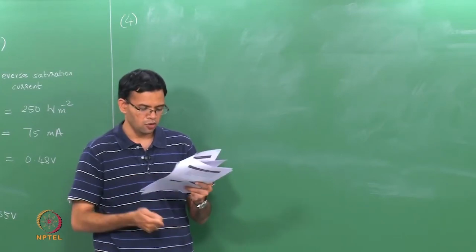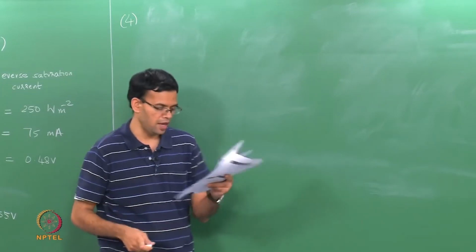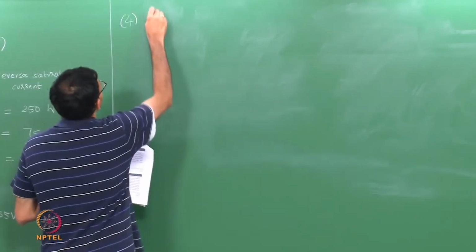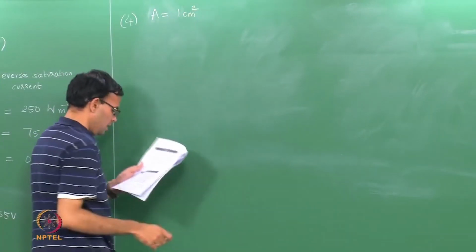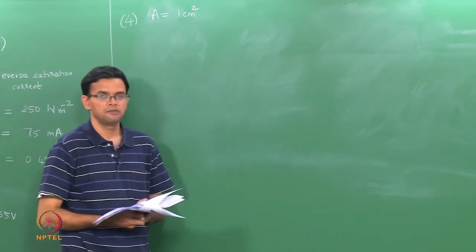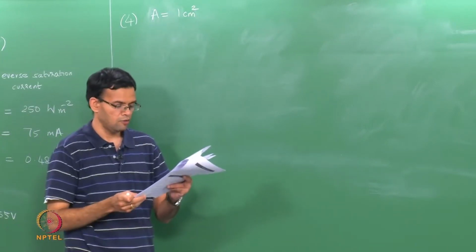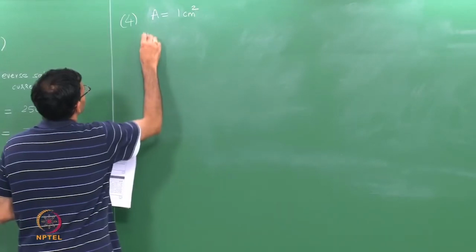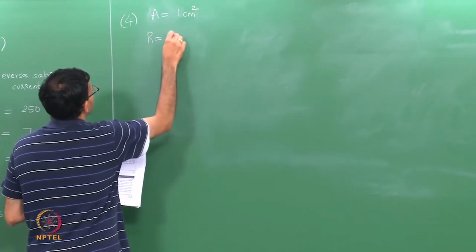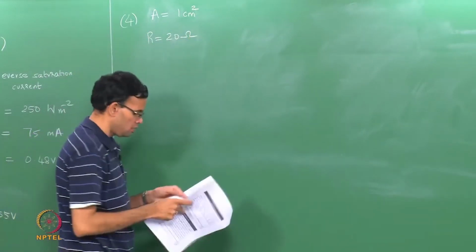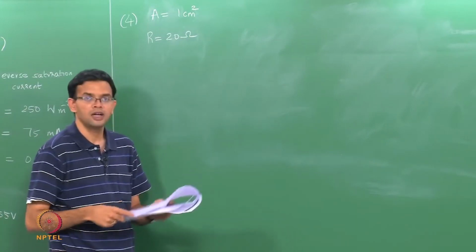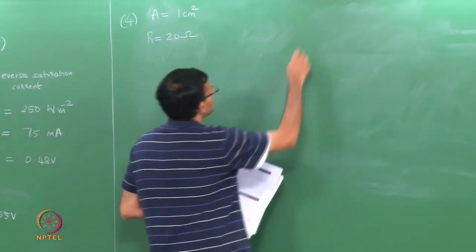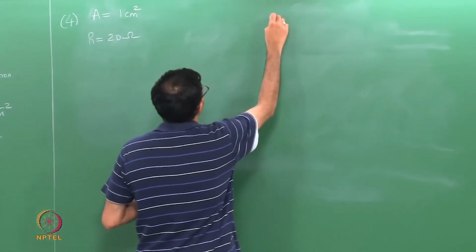So, we have a solar cell of area A is given, and is connected to drive a load R of 20 ohms. So, R is essentially 20 ohms. So, we can actually draw how the solar cell connection looks. So, this is given as part of the question.